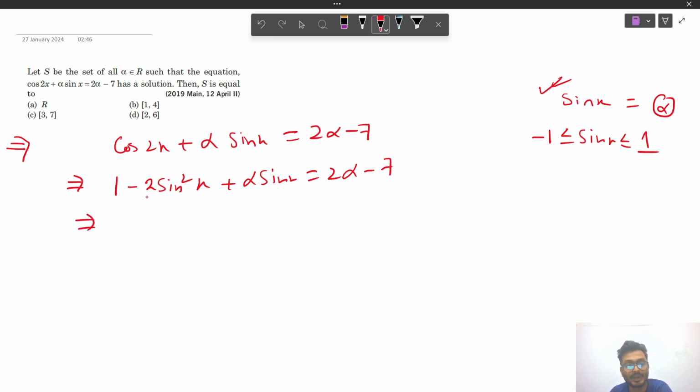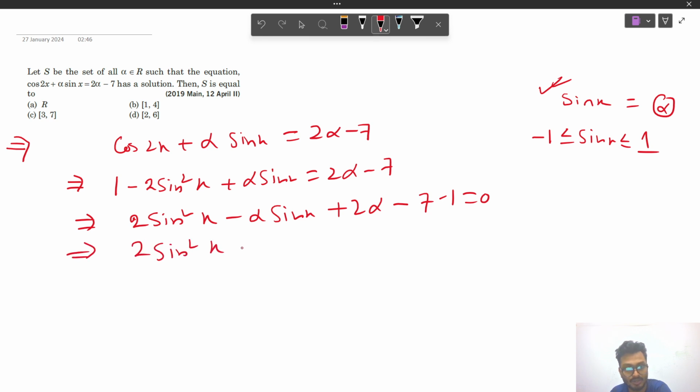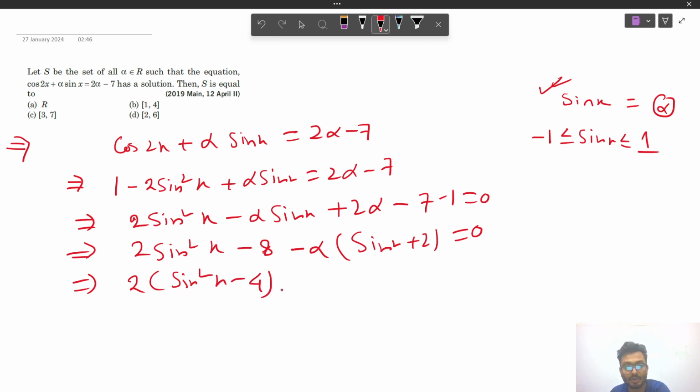Moving everything to the right-hand side, we get 2 sin square x minus alpha sin x plus 2 alpha minus 7 minus 1 equals 0. This implies 2 sin square x minus alpha sin x plus 2 alpha minus 8 equals 0. Taking common, 2 into sin square x minus 4, and 2 minus alpha into sin x plus 2, equals 0.